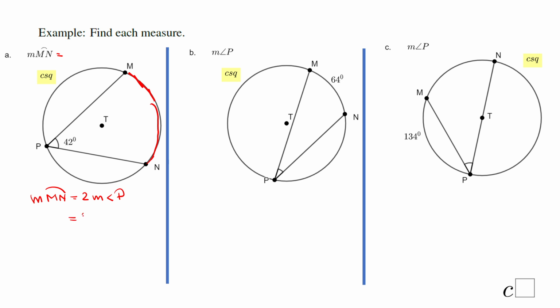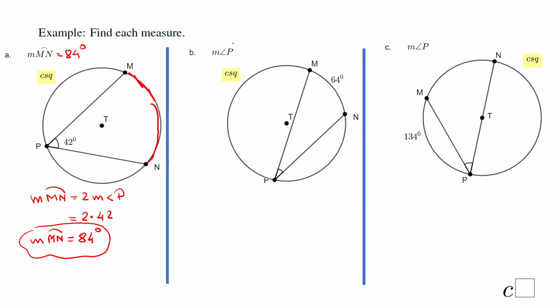So in this case we have 2 times 42, and that will be 84 degrees. This is the measure of arc MN, 84 degrees.